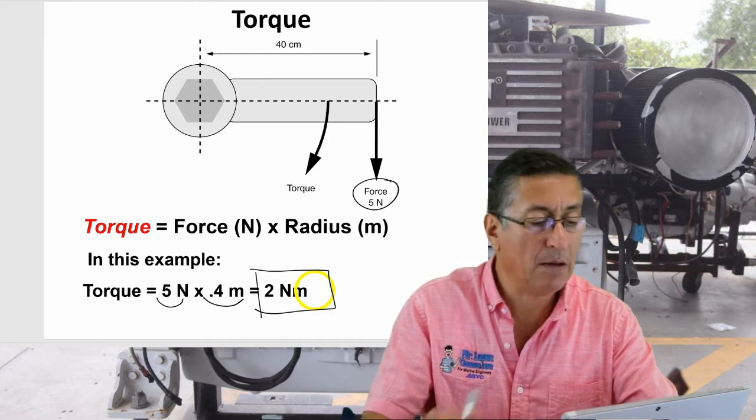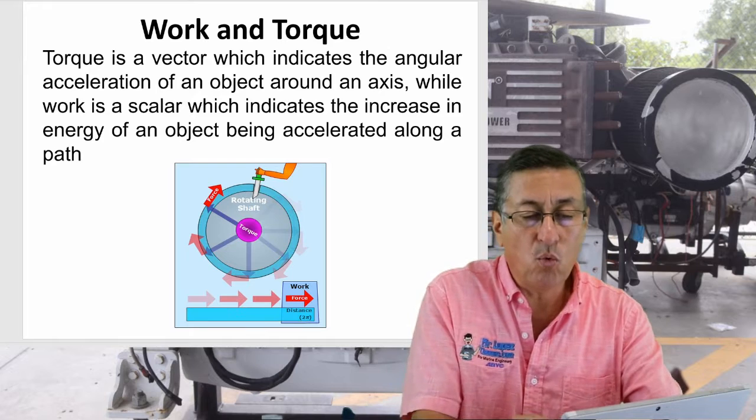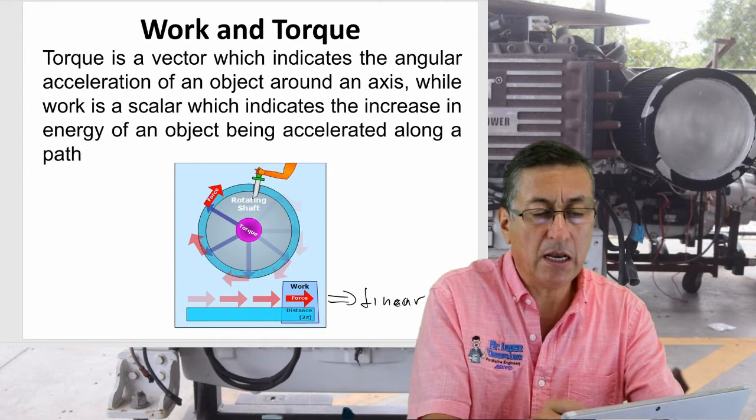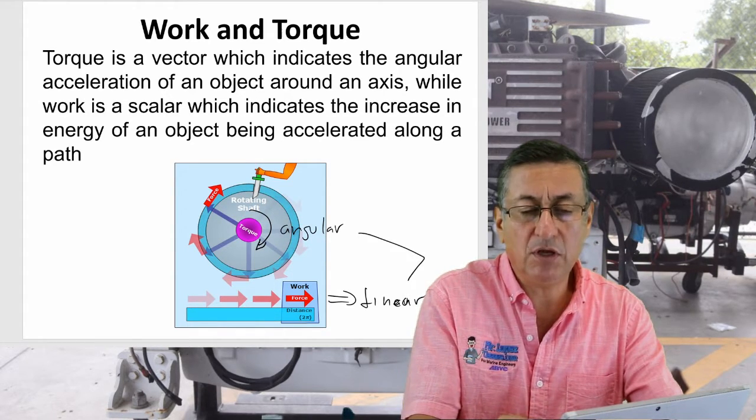This is an example in order to calculate the torque. Don't forget, work is linear, and torque is angular. Both of them have the same unit, Joule.